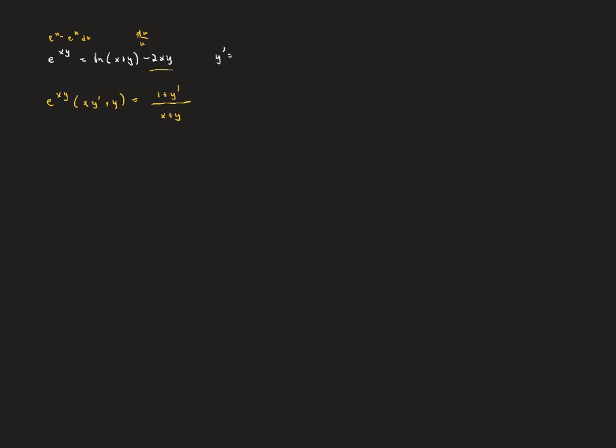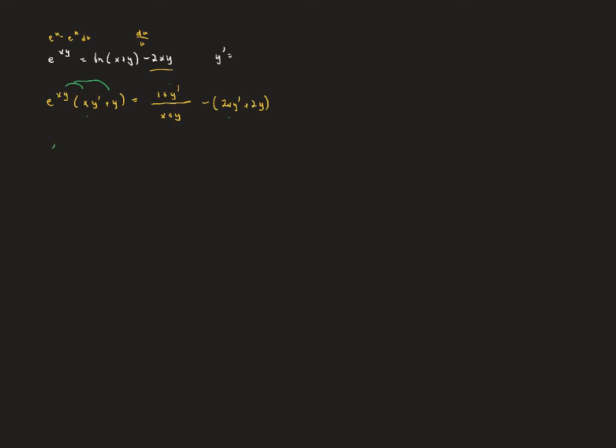Now, this is our complicated product rule here, so I'm going to go minus the first 2x times the derivative of the second, plus the second times the derivative of the first. Now, we have a bunch of terms with y prime and also a bunch that do not have y prime. So we're going to need to distribute here to separate out the y prime from the y terms.